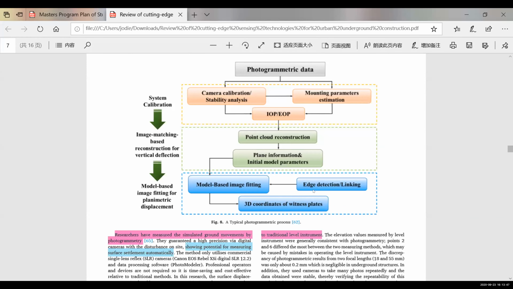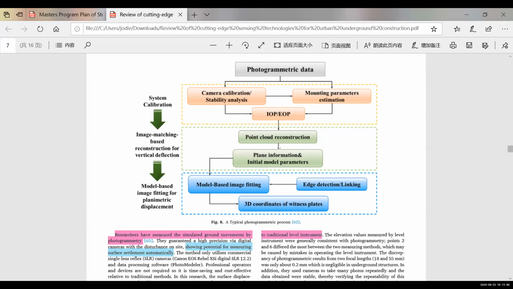About photogrammetry, the researchers have done some research on this technique. One is that the researchers measured simulated ground movement by photogrammetry. Here's the research design, with different targets at different levels.